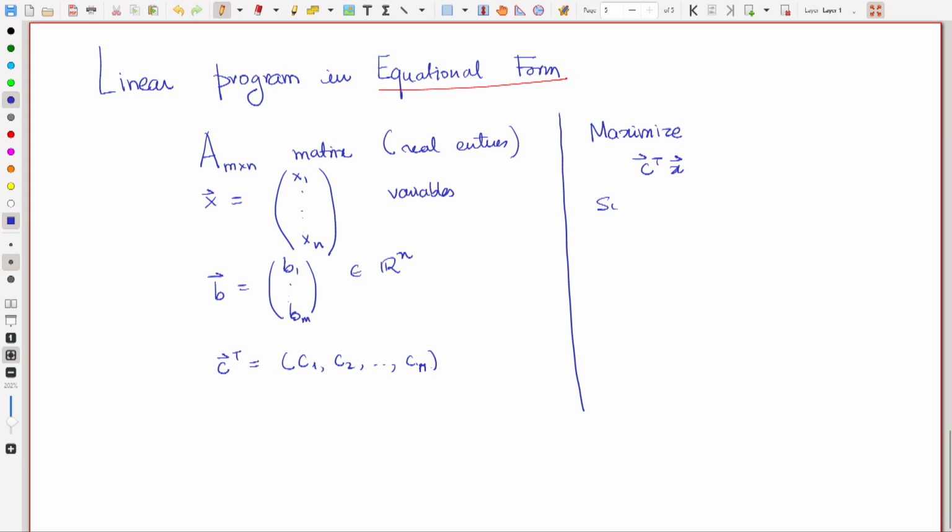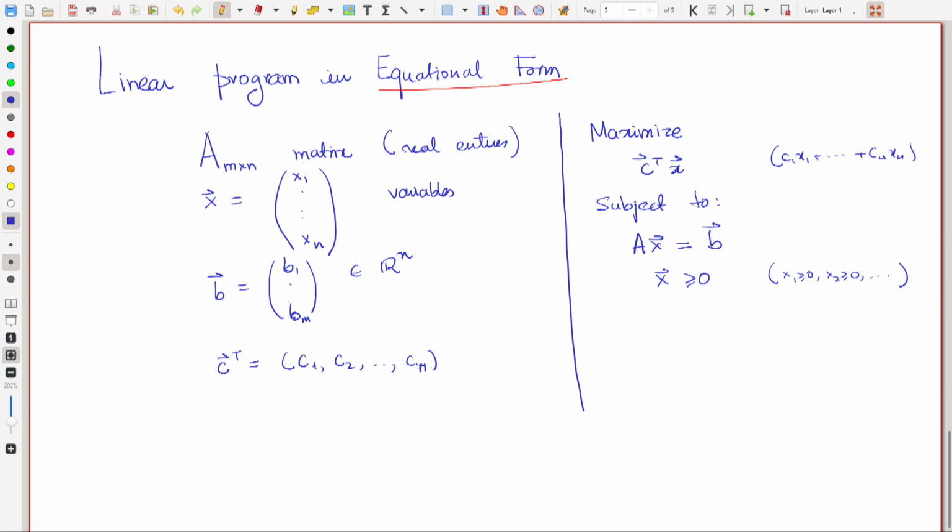Maximize this subject to the constraints A x is equal to b and x is greater than or equal to 0. By saying that a vector x is greater than or equal to 0, this just means that each component is greater than or equal to 0: x 1 is greater than or equal to 0, x 2 is greater than or equal to 0, and so on.